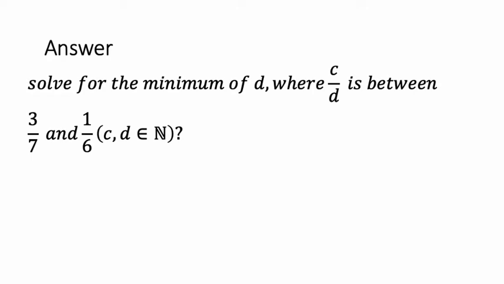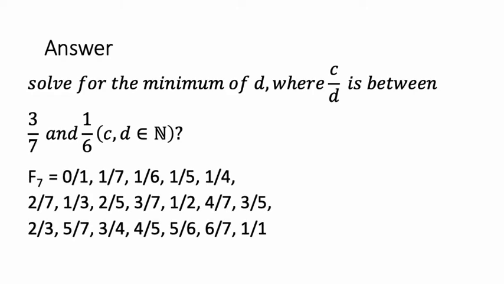How will we find d? Well, to answer this question, we'll use our old pal called computers. We'll list the Farey sequence of order 7, and then we find the number 3 over 7 and 1 over 6. Now we'll find the minimum of d between these two numbers, which is 3, and this means c over d is 1 over 3.